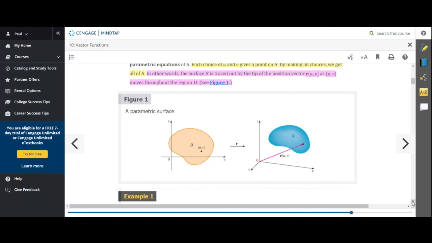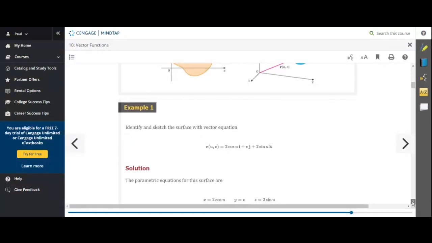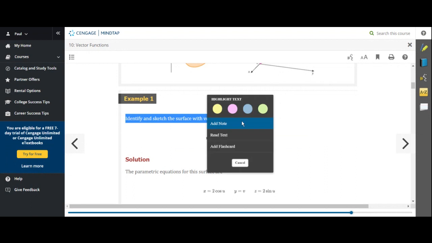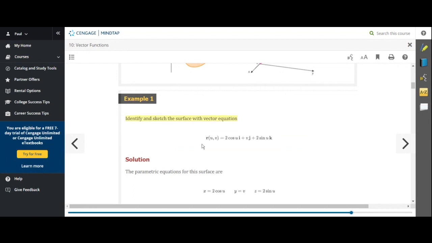Okay, well then let's go down a little bit here. Let's look at example 1. Okay, we say identify and sketch the surface with this vector equation. Now, you can see below there that they show the parametric equations for the surface.